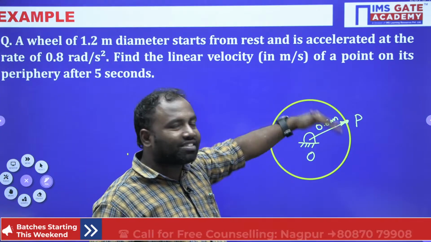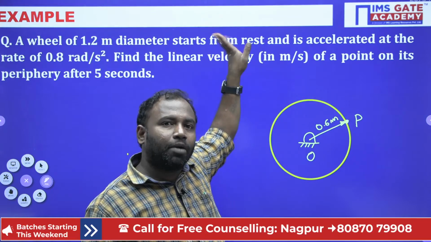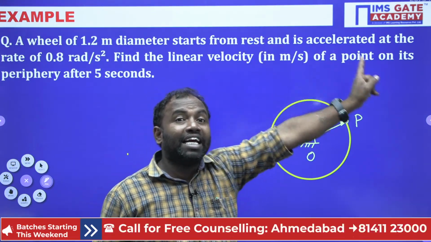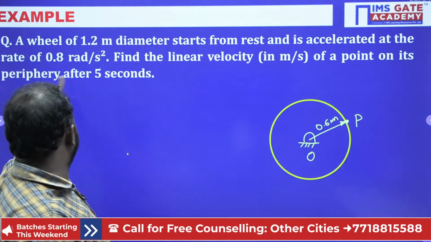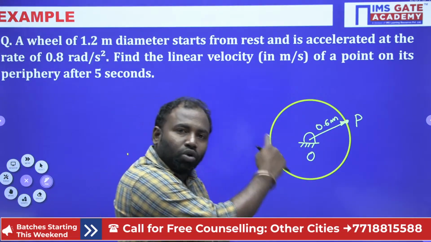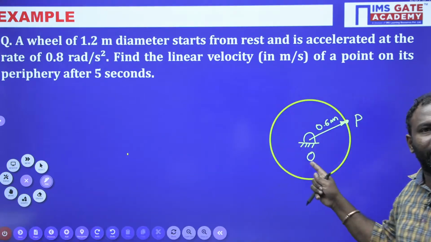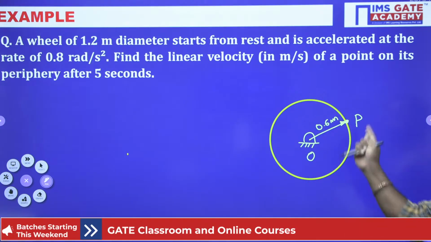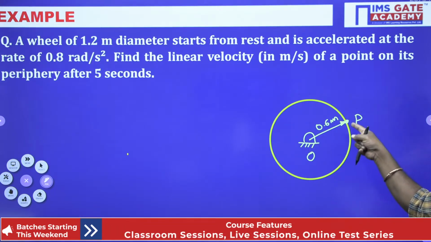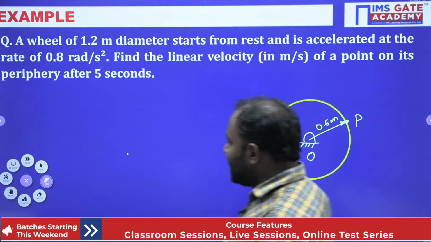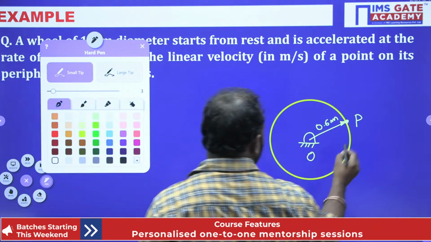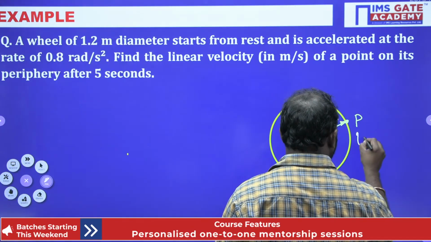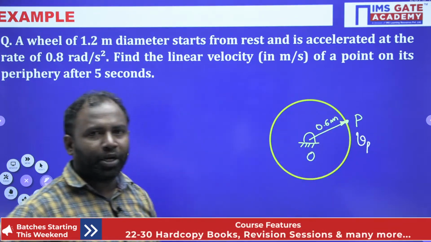Find the linear velocity of a point on its periphery after 5 seconds. I will say the linear velocity here is Vp, the linear velocity at point P.